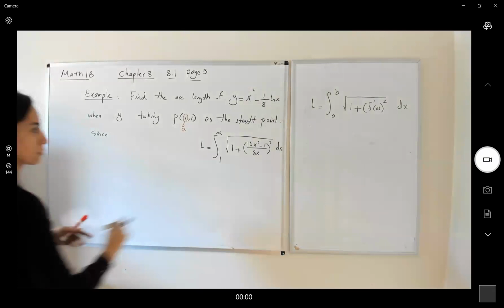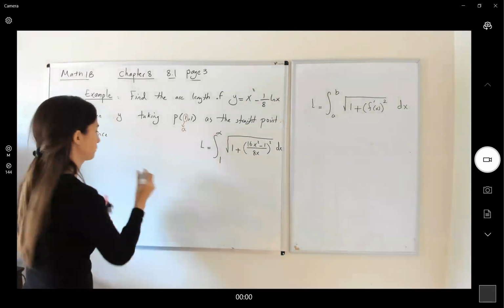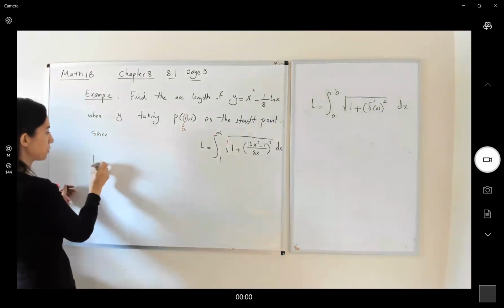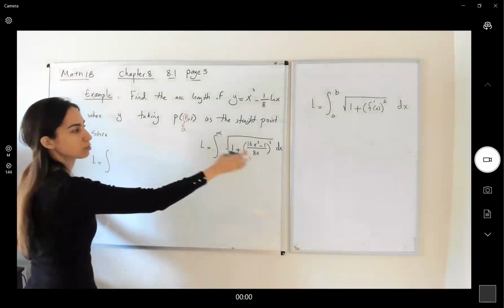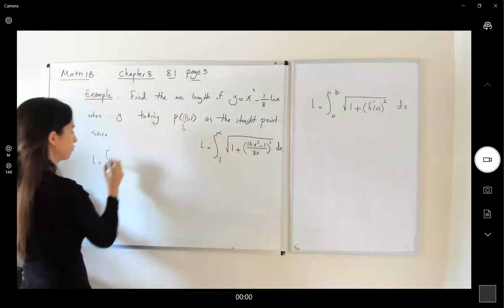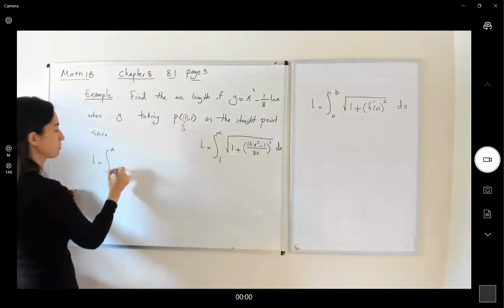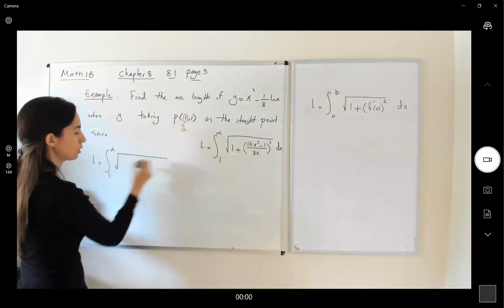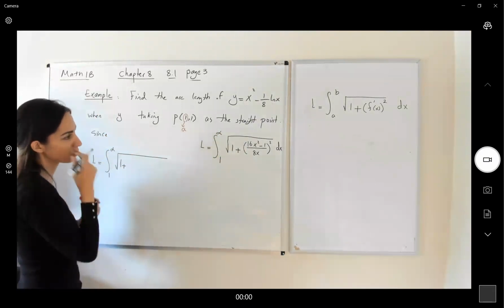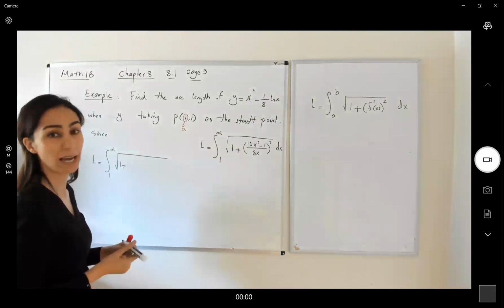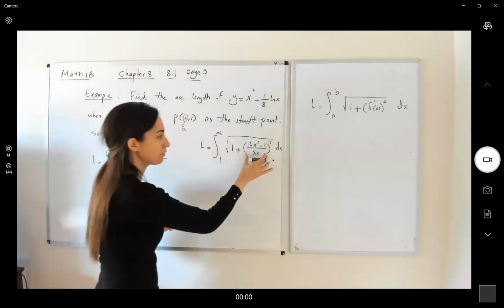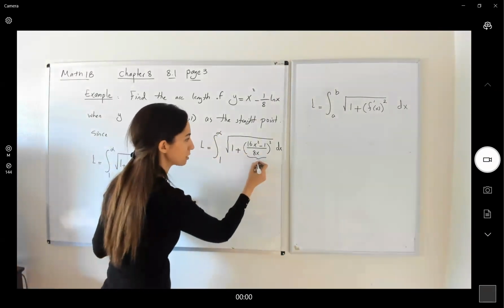So this is our L. Our L can be written as the integral, guys. I changed the upper limit to alpha, a new variable, so you don't confuse x and alpha. 1 to alpha, and you have the square root of 1 plus. Okay, let's see. What do we have here? We have a component inside.